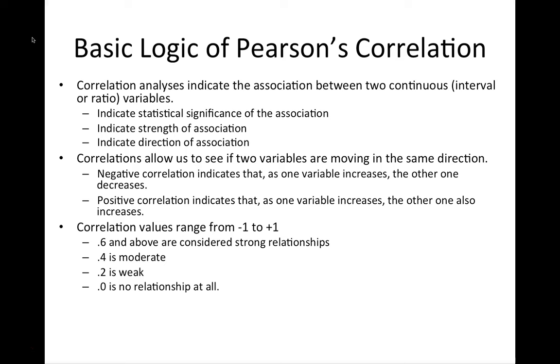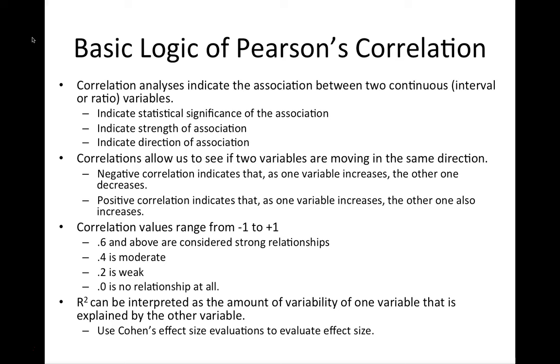Correlation values range from -1 to +1. 0 indicates that there's no relationship at all. And there are some markers for what we consider sort of weak, moderate, or strong relationships. And to get an effect size for this particular analysis, it's very easy. All we have to do is square the correlation value that we get.